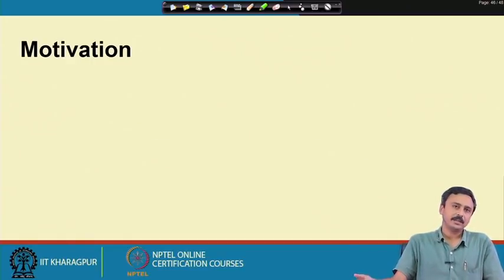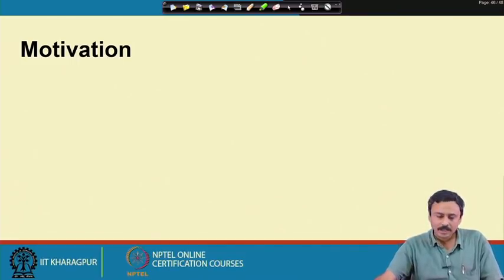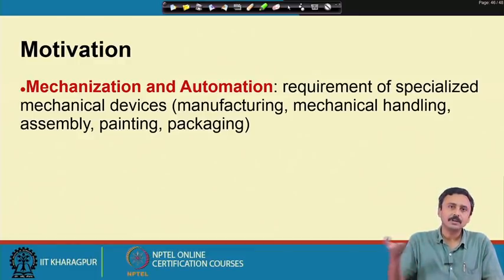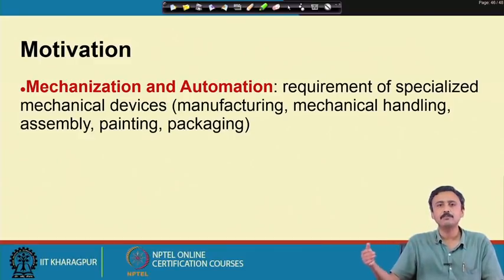Now, why should we study this? This is the first question that arises. Why should we study kinematics? As you know, we have a lot of mechanization and automation which require specialized mechanical devices. For example, in manufacturing, in mechanical handling, in assembly, in painting, packaging, in order to handle parts, in order to transfer parts, or in order to do machining in a certain way, in a certain path.